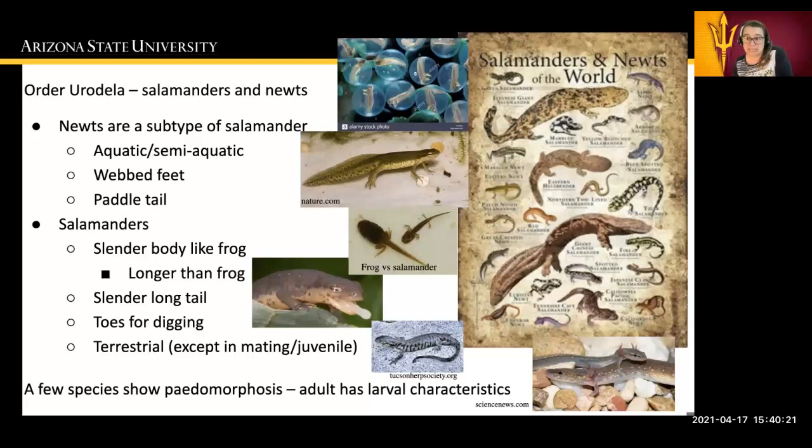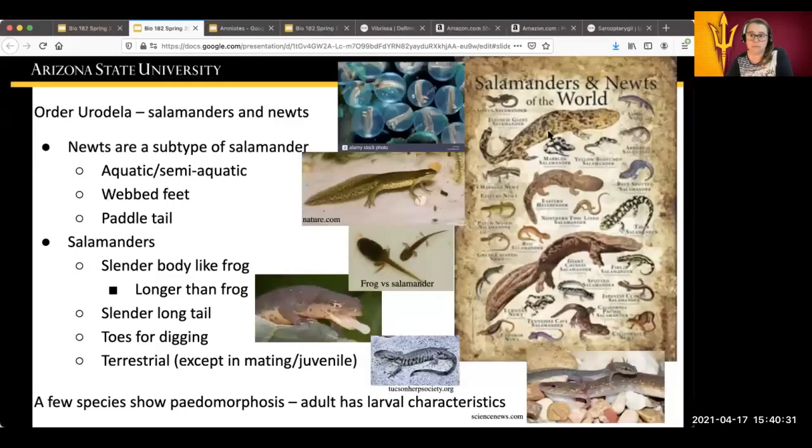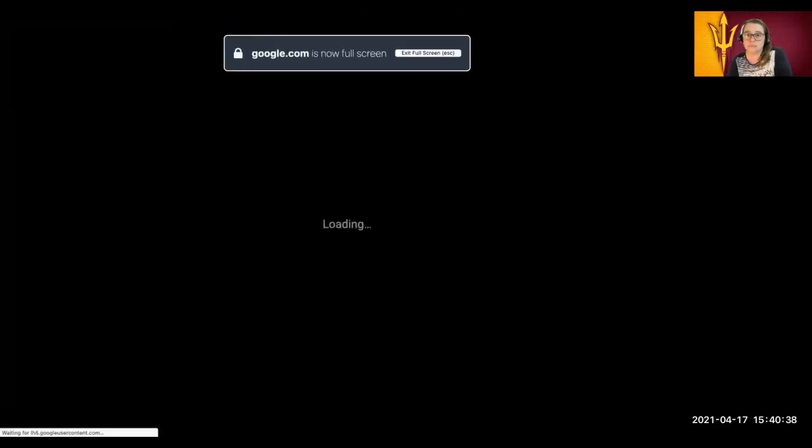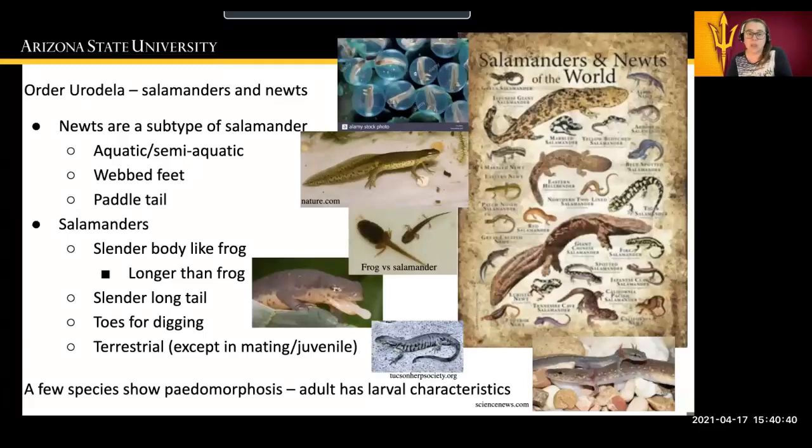A few species of salamander exhibit paedomorphosis, which is when the adult retains some larval characteristics, like in the axolotl with the gills on the external near the head.